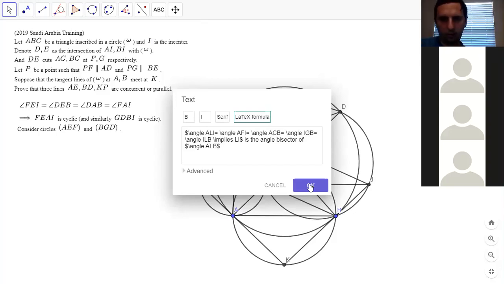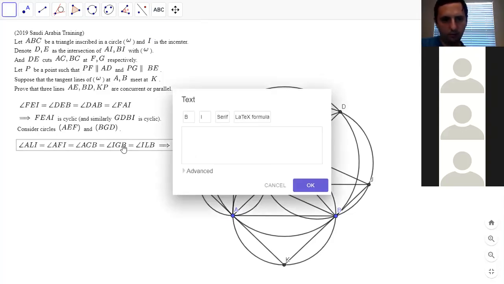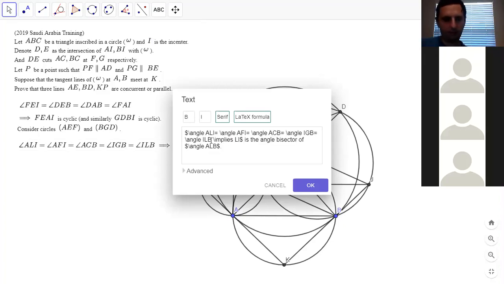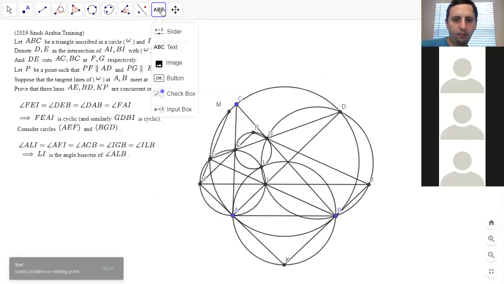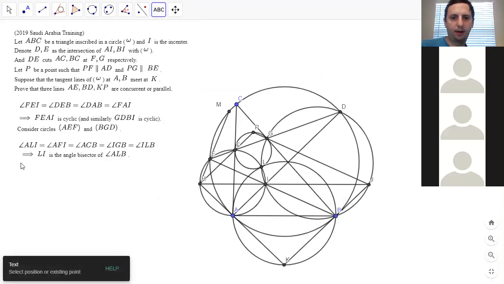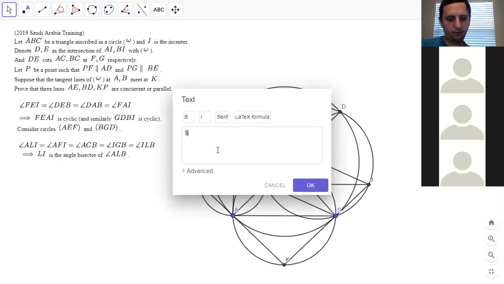All right, let me write that out. See how this looks? Okay, that looks good. And then since KA equals KB, that means that L, I, and K are collinear. That's a nice way to show that they're collinear.